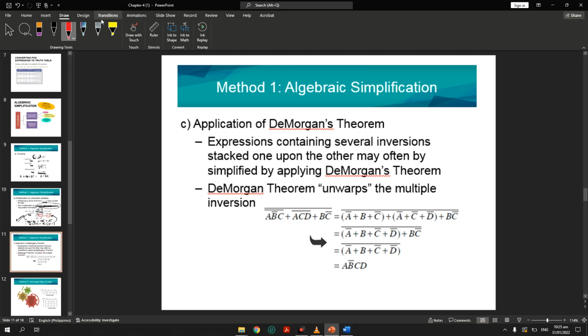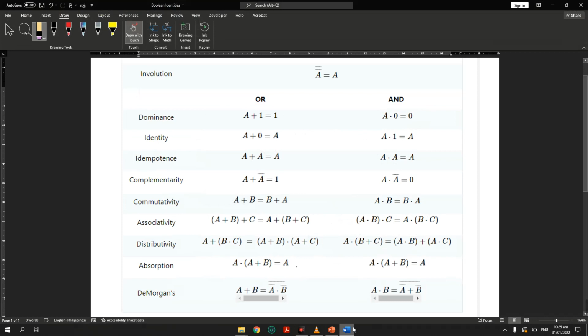If we look at the identity, the identity is the complement of A plus B is equal to A complement times B complement, while here the complement of A times B is equal to A complement plus B complement.